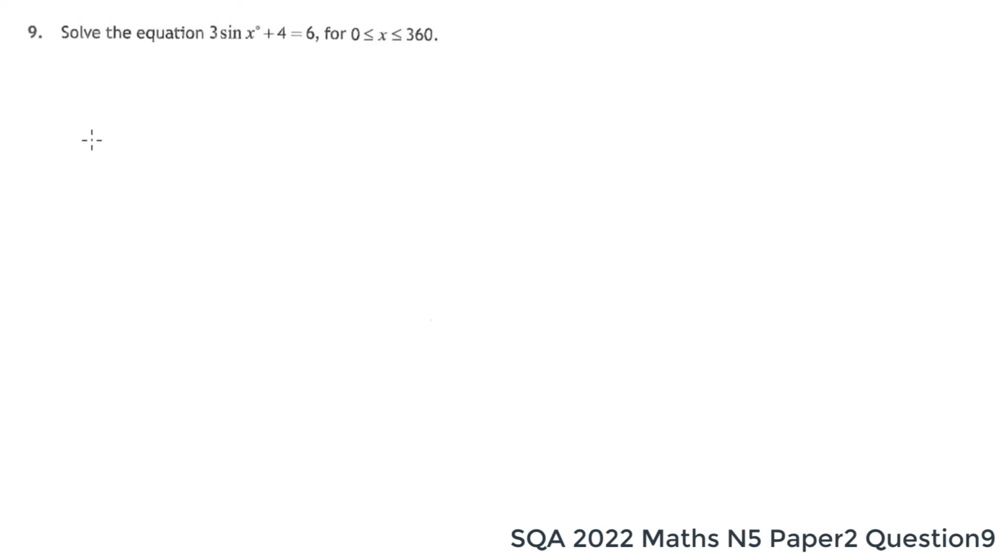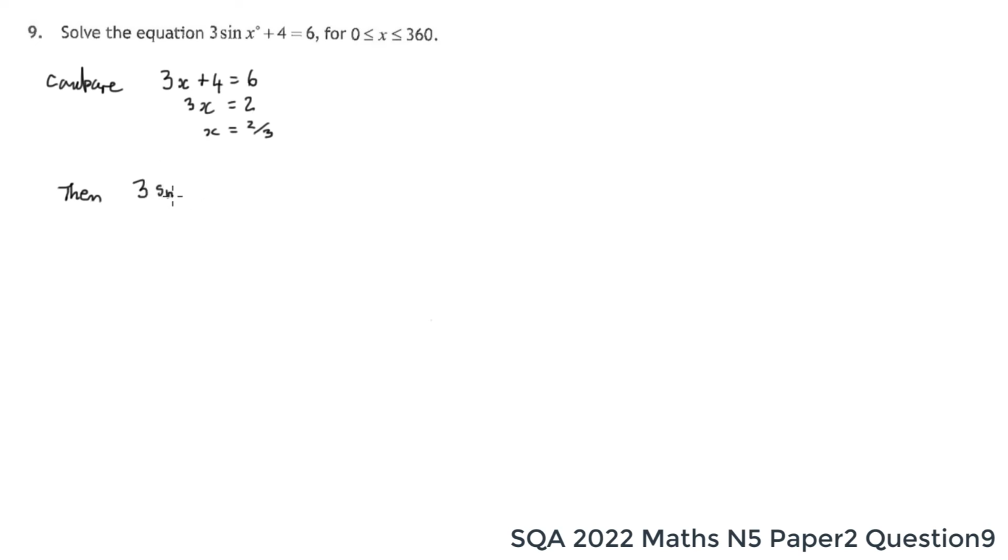Now, what we could do to begin with is let's compare a simpler equation where instead of sine x we've got x, and if we were given this to solve, we'd do the usual, we'd subtract 4 from both sides, and then we'd divide both sides by 3, and we'd end up with our solution. So at least if we did something like that, we would have made some slight progress.